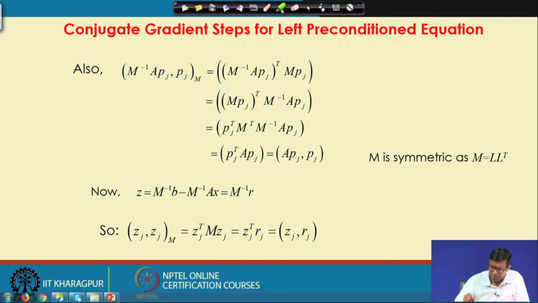So, my new alpha j, which was equal to, what was the initial form of alpha j? We will again just once check.